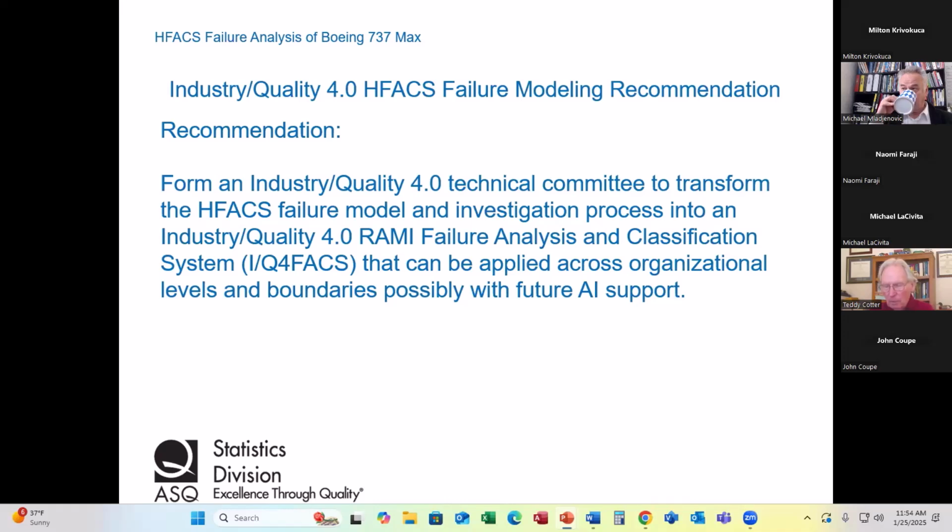It's not there fully yet in transportation or healthcare. But there have been a lot of publications in healthcare in the last 10, 15 years proposing an HFACS-like system. So the answer is there is not an organized effort. It's going to take someone to champion it.